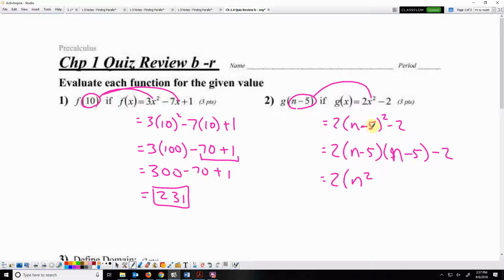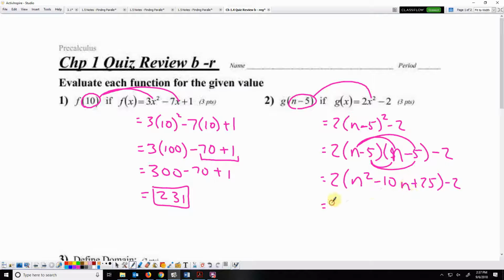Double the product, negative 5 times n is negative 5n, double that is negative 10n. And then the last term squared is plus 25. Or we could distribute: n squared minus 5n makes minus 10n, and then plus 25.